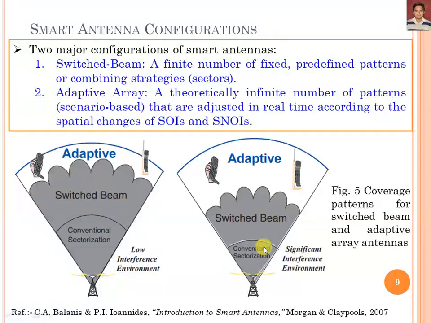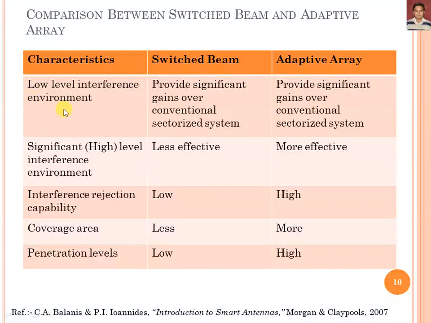But in the case of smart antennas, we have to understand the concept of switched beam and adaptive beam. You can see from these two figures that we have compared some important characteristics. In a low interference environment, the switched beam provides significant gain over the conventional sectorized system, and the adaptive array also provides significant gains over the conventional sectorized system.